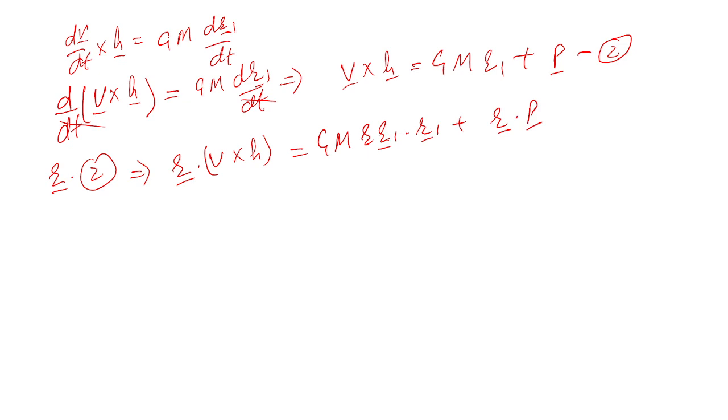So this r1 dot r1 is 1, and this is a scalar triple product of 3 vectors.